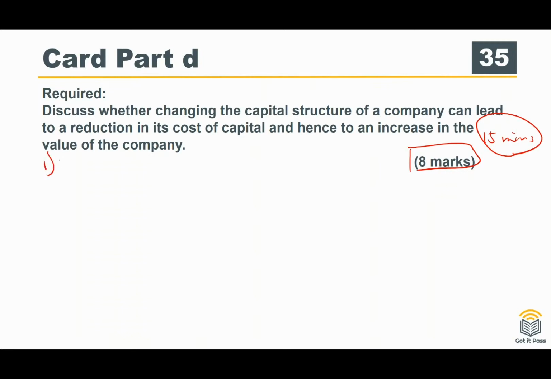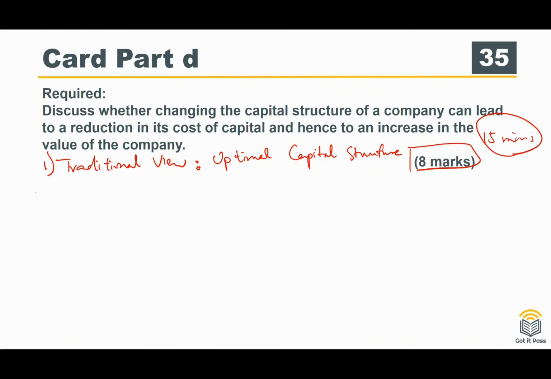First is the traditional view or traditional theory. In summary, the conclusion of this theory is that it has an optimal capital structure.